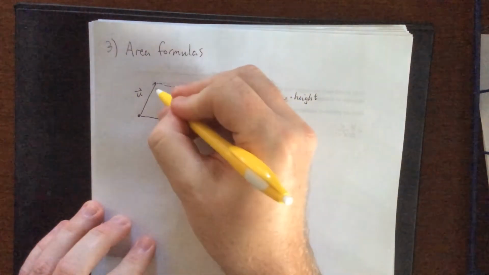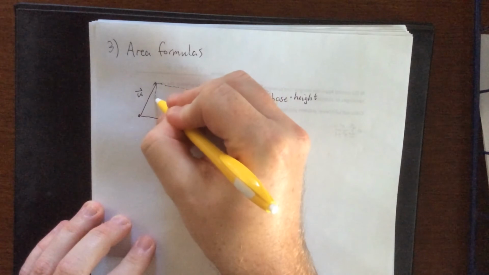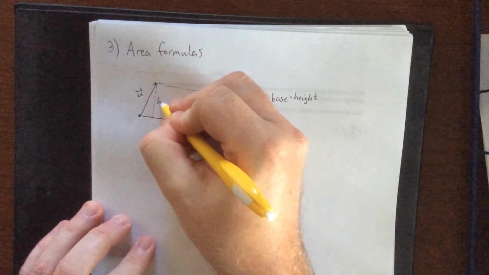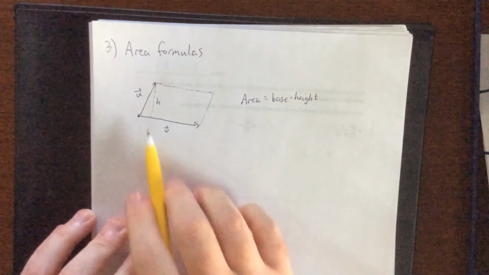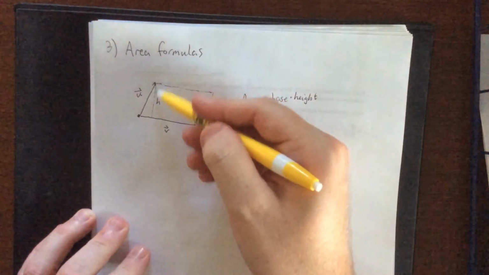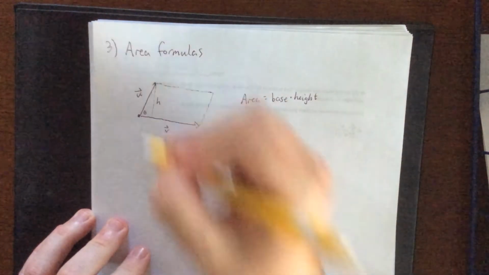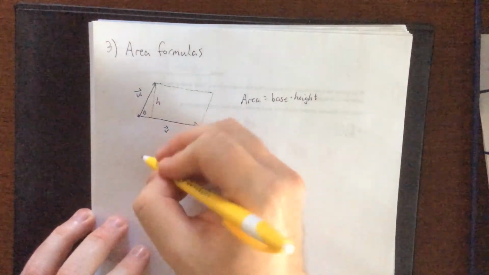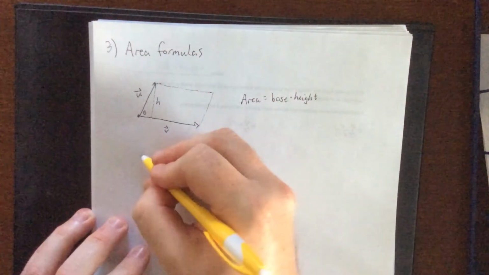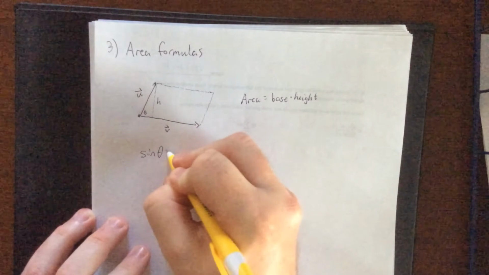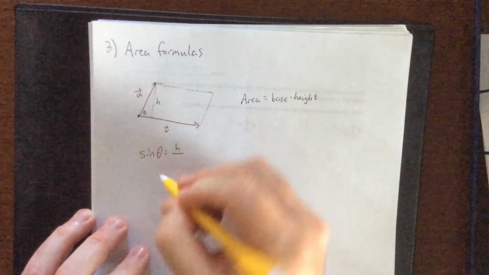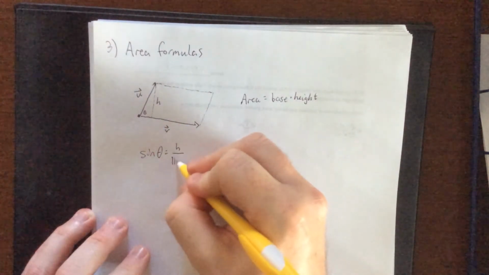You'll notice, though, that if I were interested in finding the height, I would need to do something like this. So whatever is the length of v and whatever is the length of h there. Some quick right triangle trigonometry will let you know that if you know the angle between these two vectors, sine of theta is going to be h over the length of u.